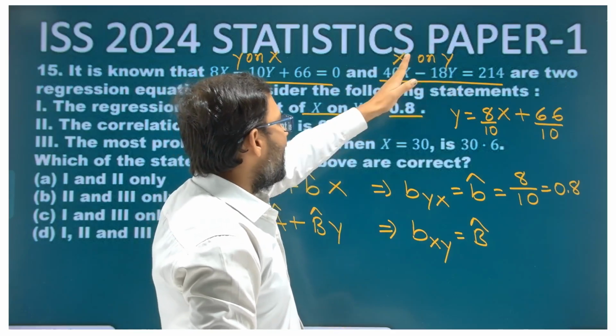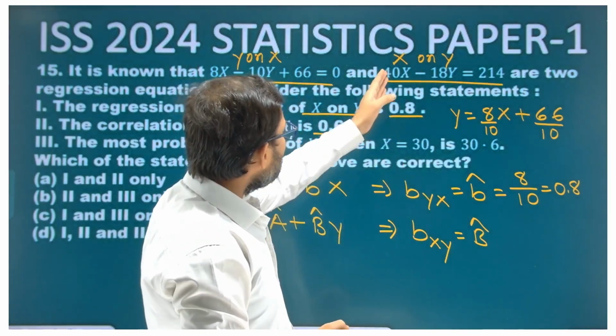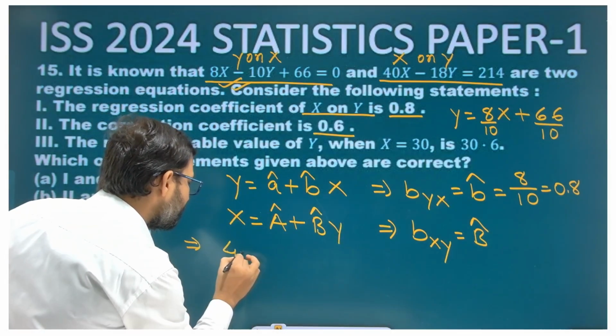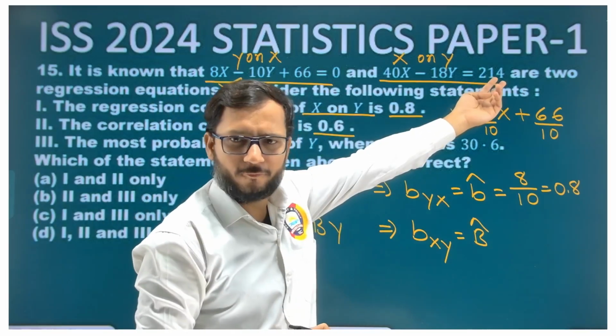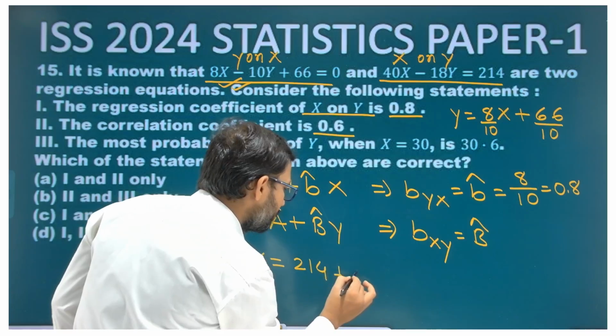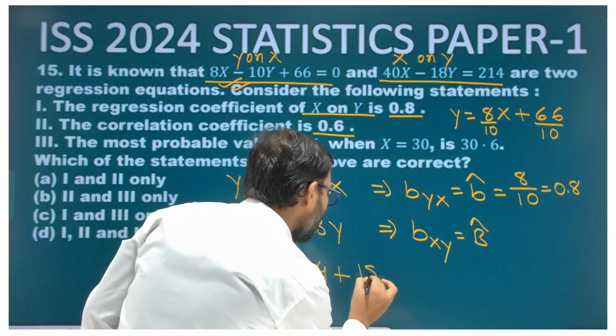In this case, x should be on one side, and y and the other constant should be on the other side. So I am writing 40x equals 214 plus 18y.